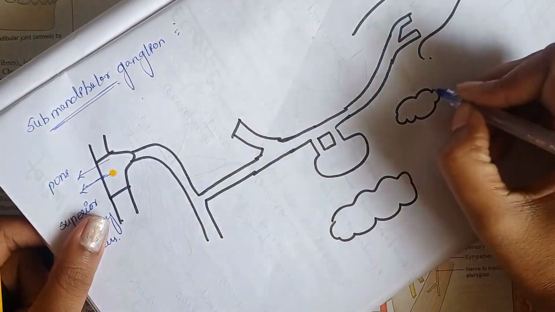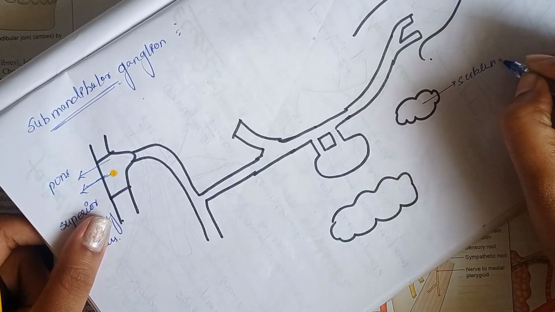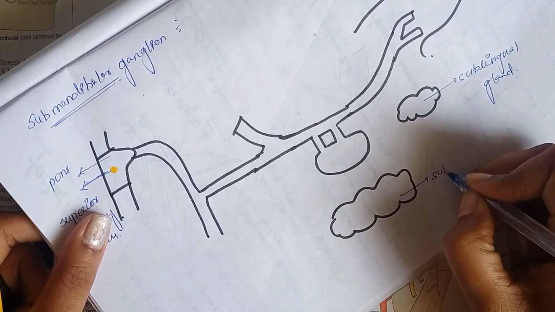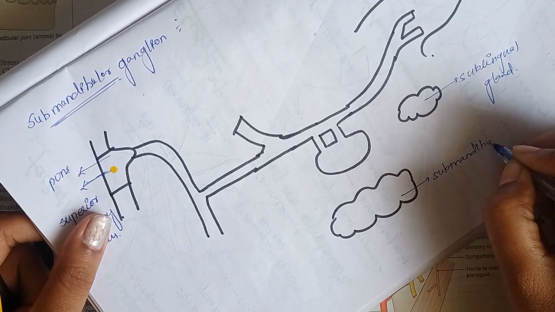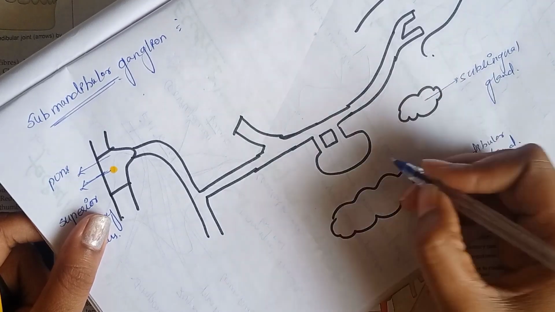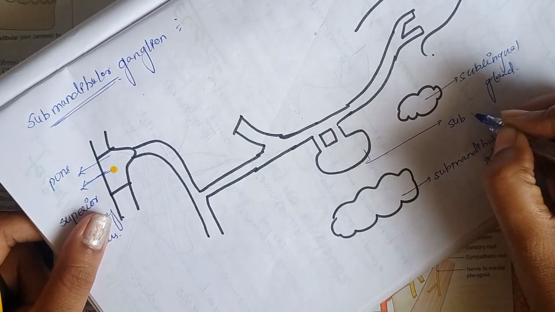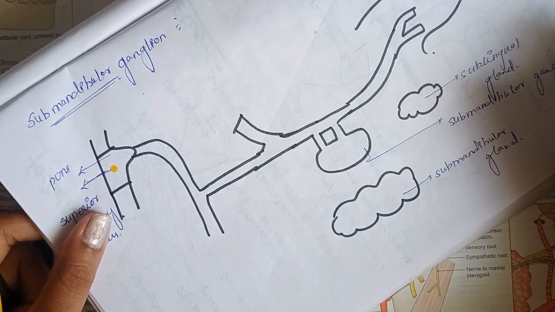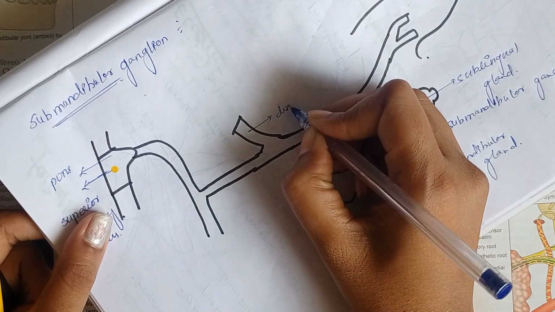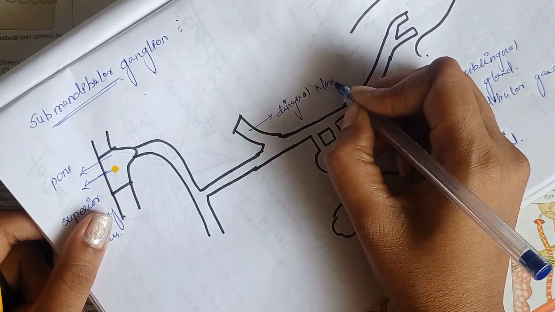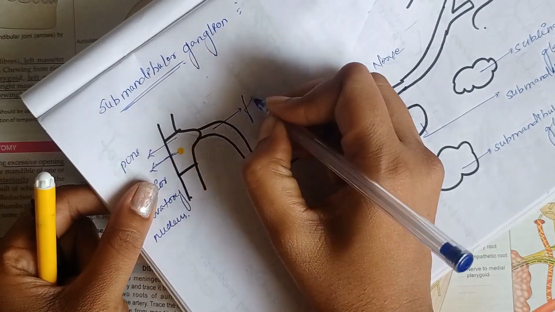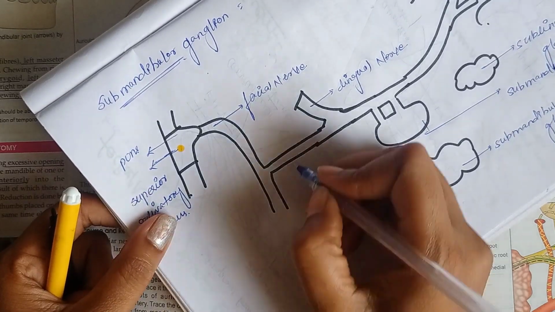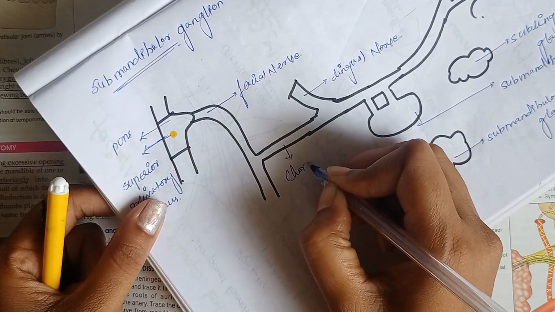This is the sublingual gland, this is the submandibular gland, this is the submandibular ganglion, this is the lingual nerve, here is the facial nerve, and here we have the chorda tympani nerve.